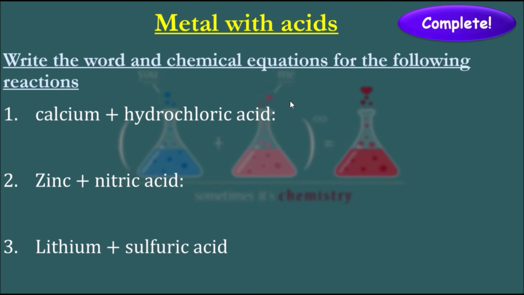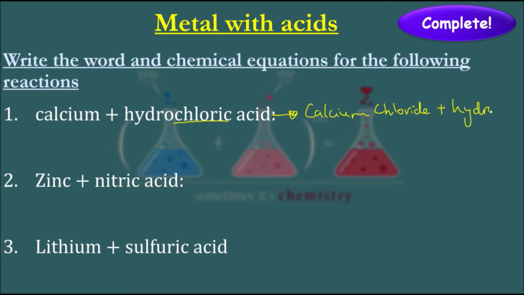Okay, so this should be the final set of questions for this video. It says, write the word equation for the chemicals formed. Well, a reaction between calcium and hydrochloric acid would form a metal salt. In this case, we have calcium. The non-metal in the acid would be chloride, so calcium chloride plus hydrogen.